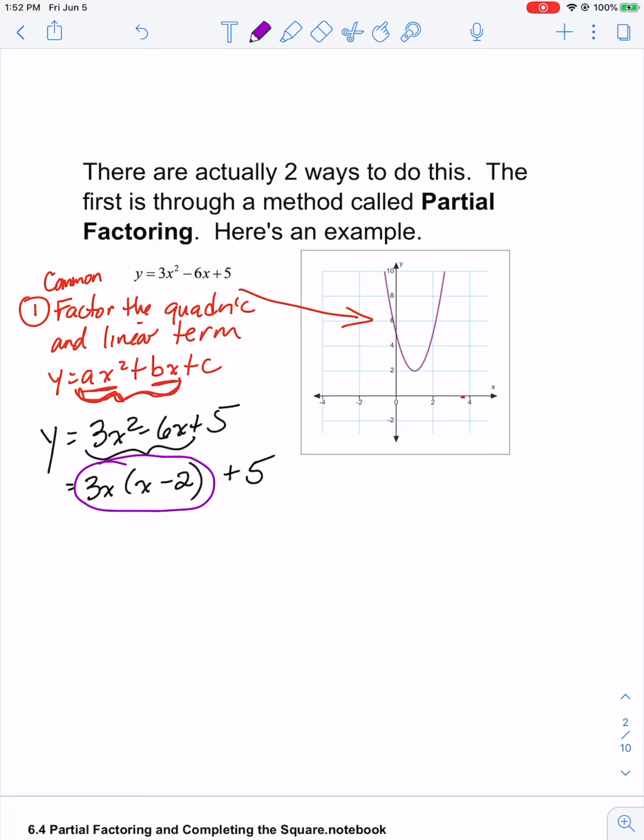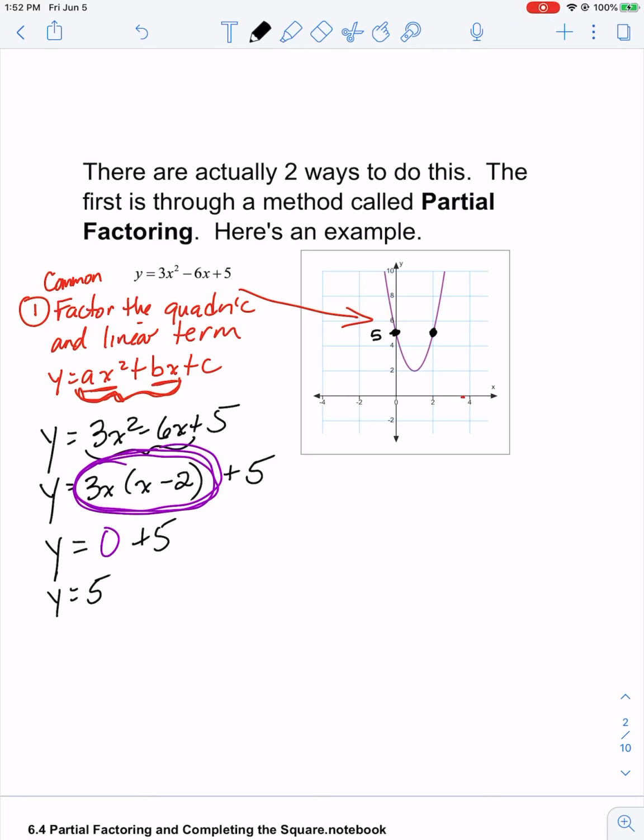Basically, if this stuff in purple equals 0, and y equals that, then we are technically trying to figure out when y equals 0 plus 5, which is when does y equal 5? Well, 5 is right here. That's where y equals 5. So it's going to equal 5 there, and it's going to equal 5 over here.